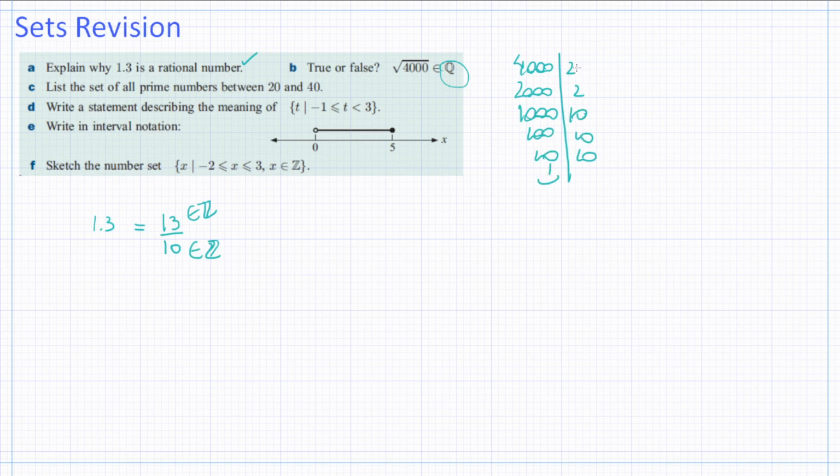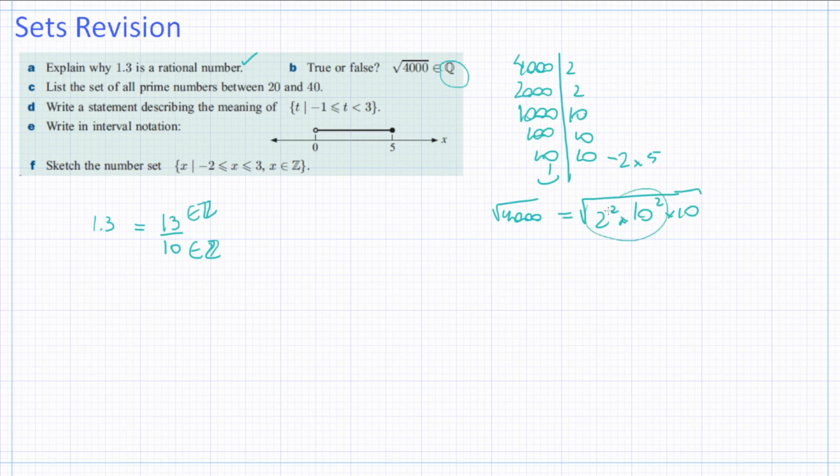Now if you analyze, I've got 2 squared, 10 squared, and I'll have another 2 times 5, which is this 10 here. So root of 4,000 can be rewritten as root of 2 squared times 10 squared times 10. Those are the factors that we have found here.